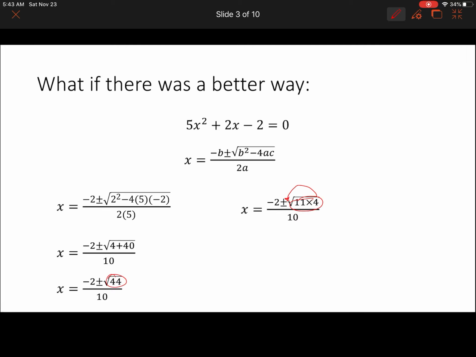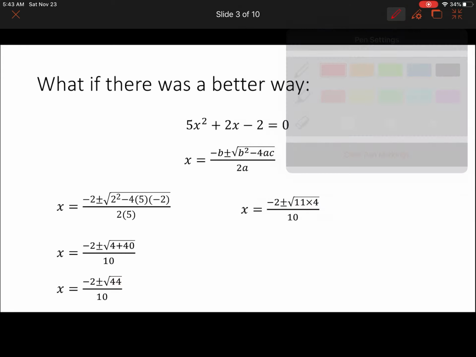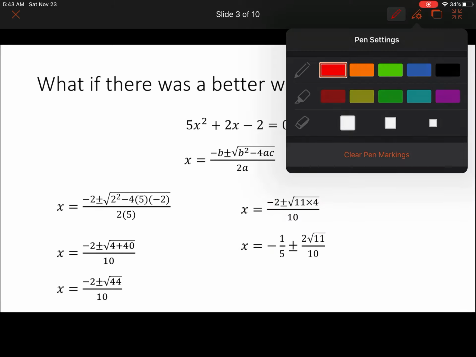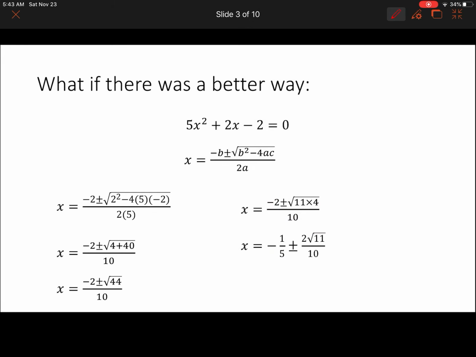Why did I do that? So I can take the square root of this 4 and bring it outside. So what does that become? This minus 2 over 10, there's a common factor. It's 5. Divide by 2. It's 1 over 5. That's where this 5 and this 1 come from. Minus 1 over 5. How would I get the square root of 11?